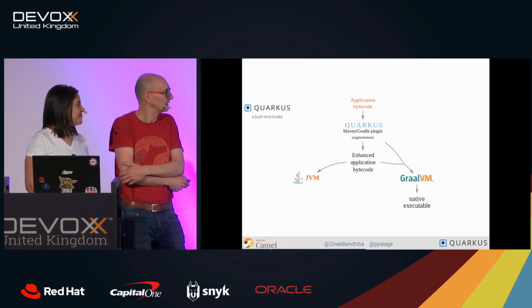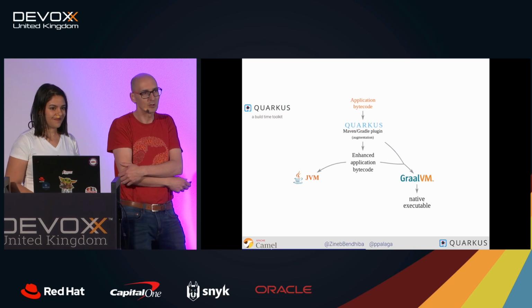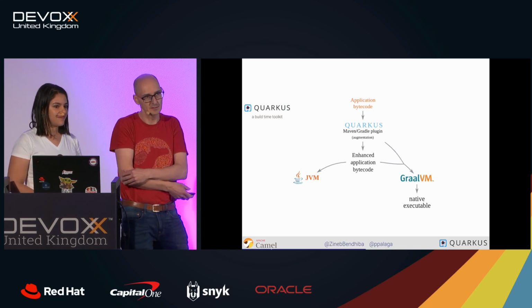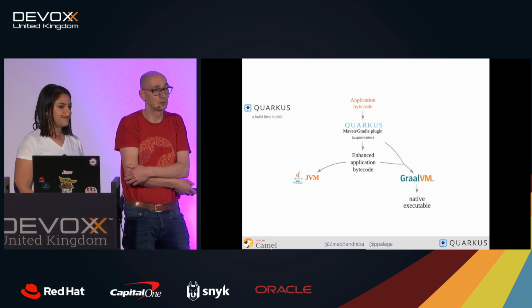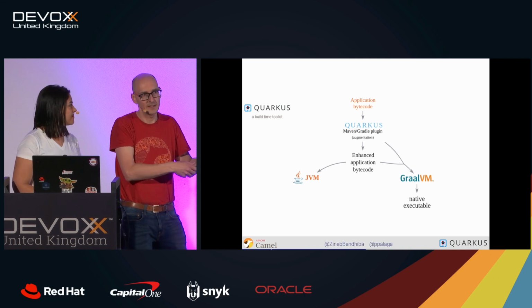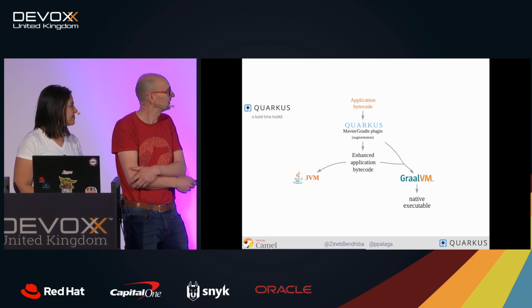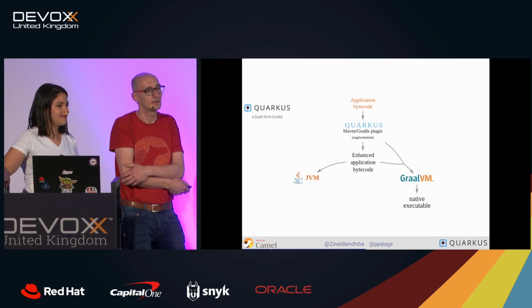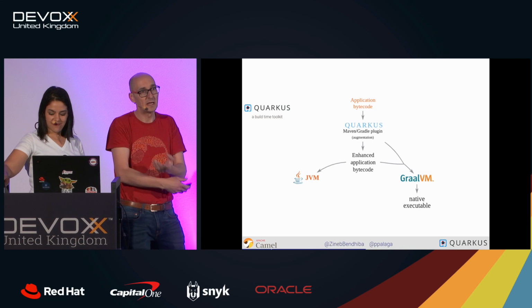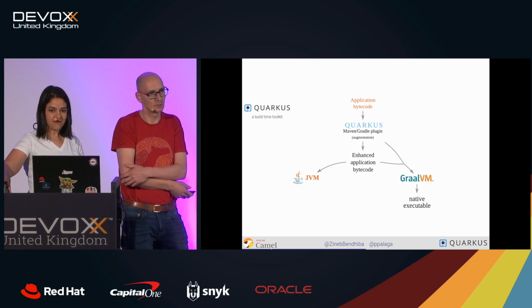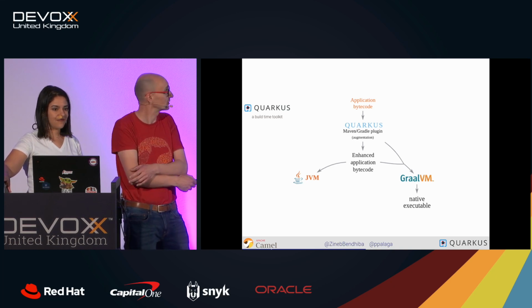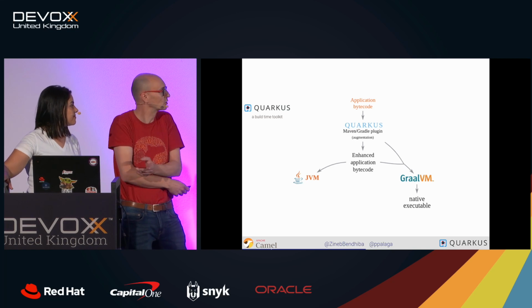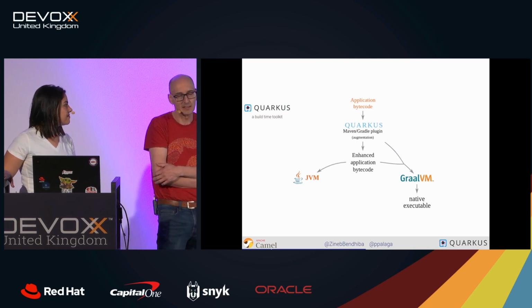So at the very beginning, there's your code, the code of your application, the implementation of the Camel route. That code combined with the JDK code is an input for the Quarkus Maven or Gradle plugin that augments your original bytecode into so-called enhanced application bytecode.